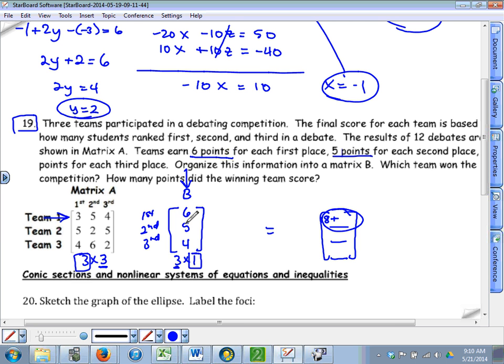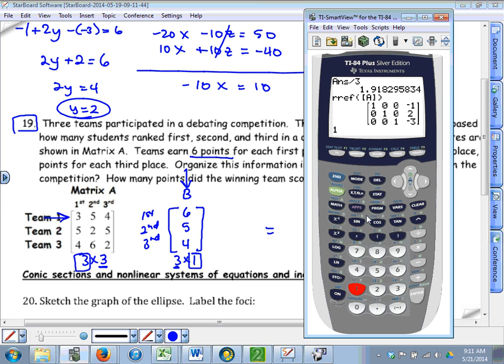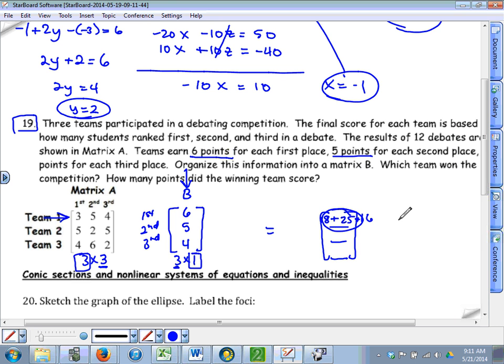Then you add that to 5 times 5, which is 25, and you add that to 4 times 4, 16. So it's 18 plus 25 plus 16. So Team 1 looks like it scored 59 points.